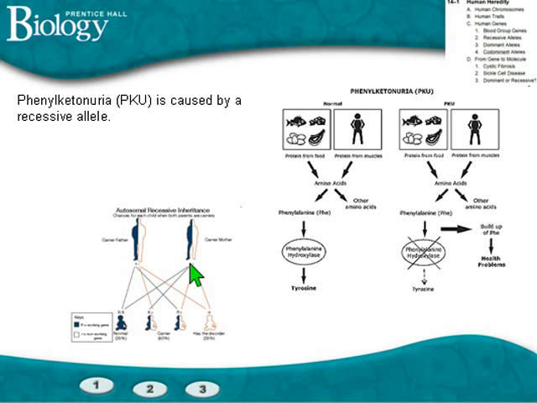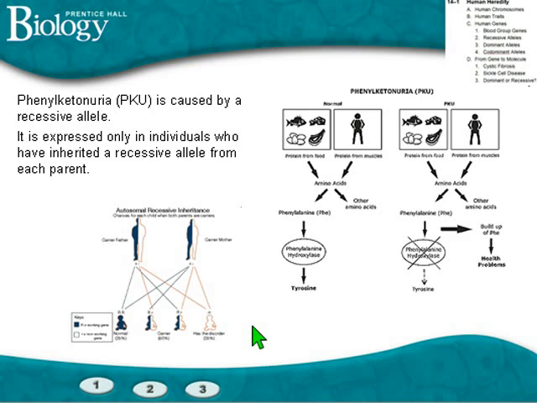If the parents don't give the allele to the child, then it's going to be a normal child. If one of the parents gives the allele to the child, then the child is going to be what's called a carrier. They're not going to have the disease, but they're going to have the allele. And then finally, if both parents give this allele to the child, the child is going to have the disorder.